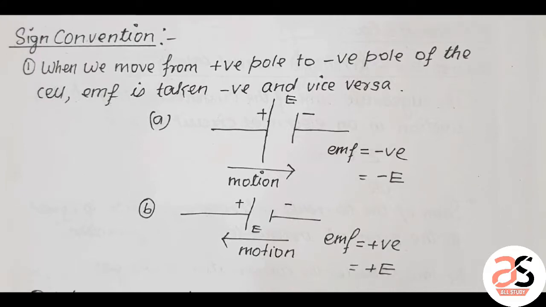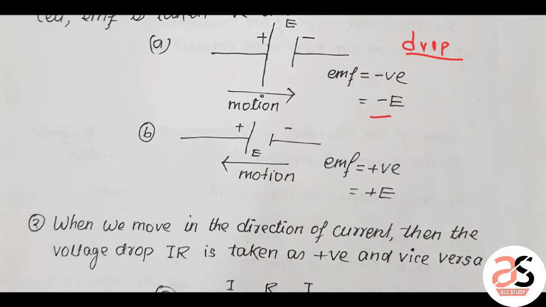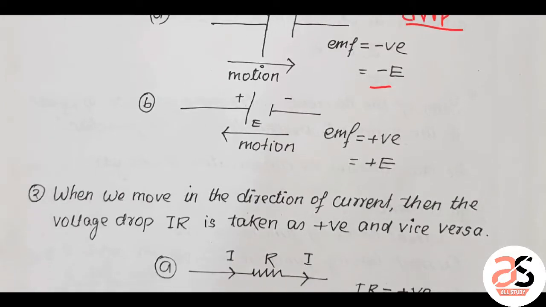For the left side we have a sign convention here. When we are moving from plus to minus, that means there is a drop in potential. So this is taken as minus E. When we are moving in this manner, from minus to plus, that means there is a rise in potential.